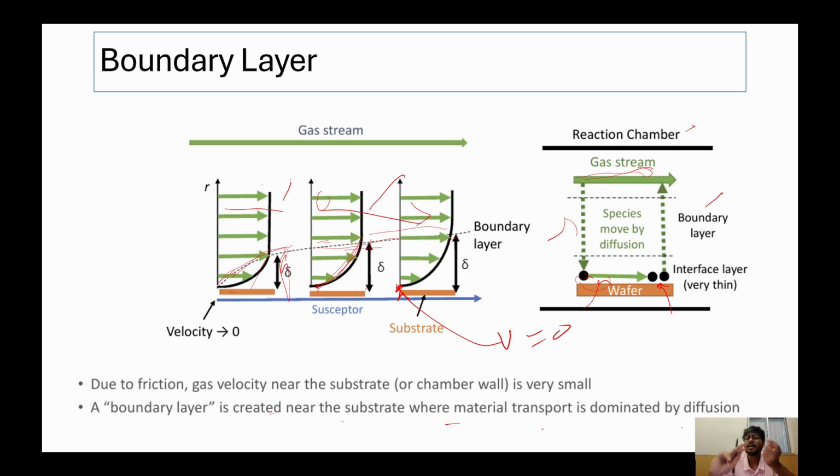One is the diffusion, and another one is the reaction at the substrate. These are determining the growth rate of your film. If the reaction is good enough, but you are not getting enough precursor to react, then you need more and more precursor. Whatever you have has already reacted at this interface. So what you are limited by is the precursor. How will the precursor come? Through the diffusion.